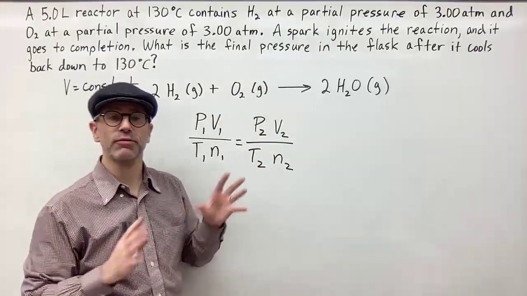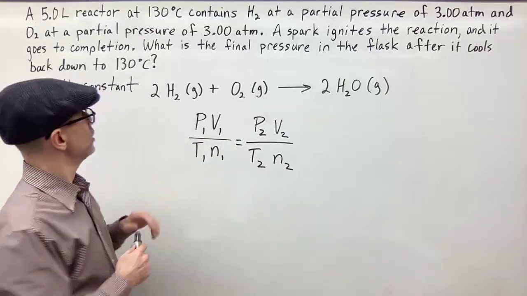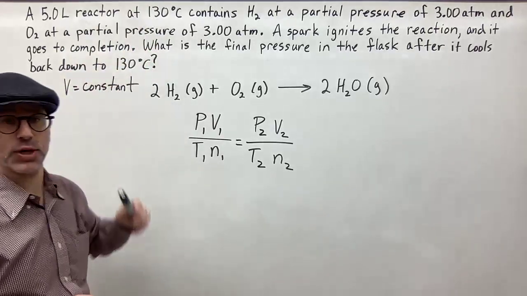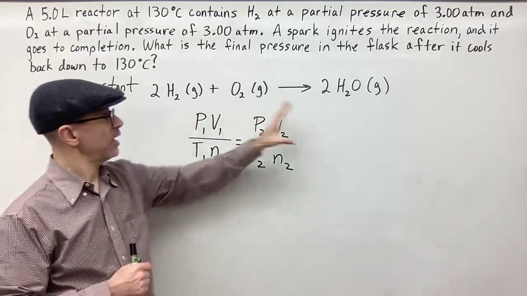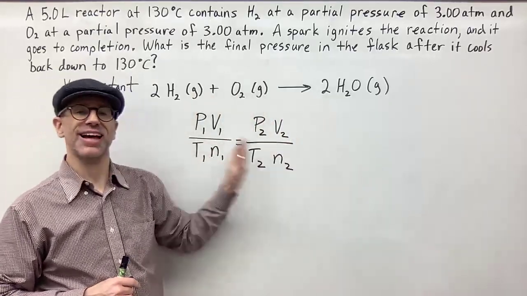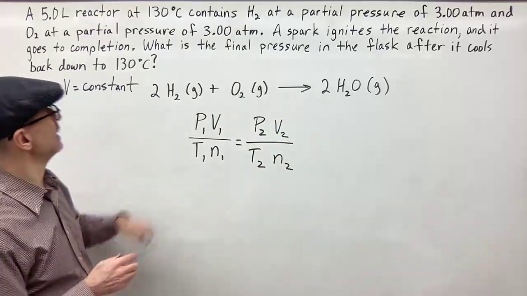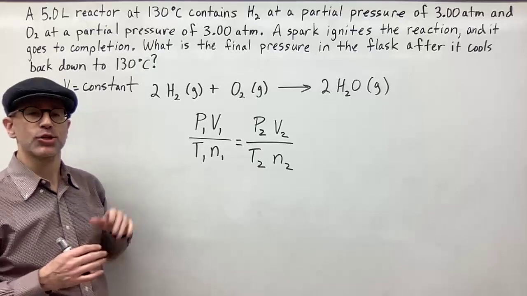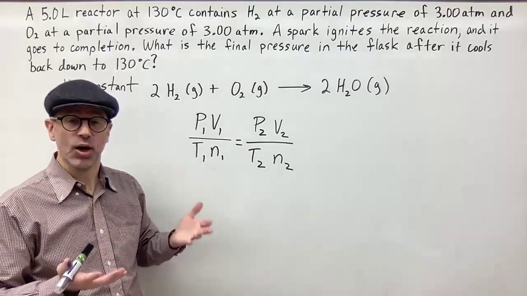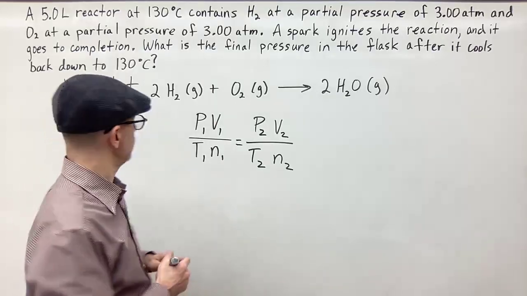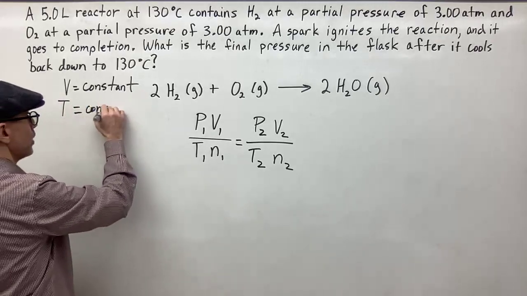It doesn't matter if there was a change. It matters what we're measuring from and to. Here we started at 130 degrees and we end at 130 degrees. So whatever gases are left in the container, they're at 130 degrees, just like the gases were before the reaction. Since they're at the same temperature, we can say that in a way the temperature is also constant.